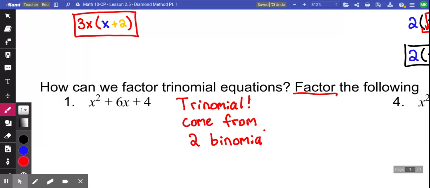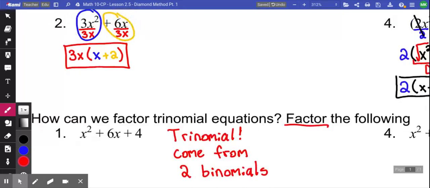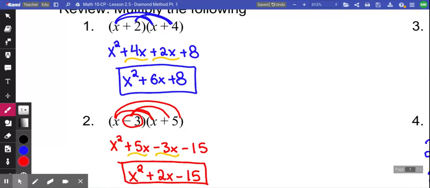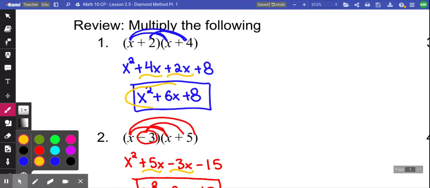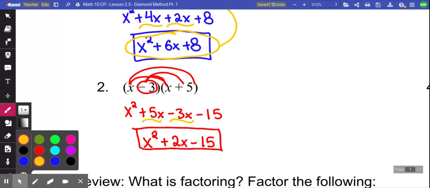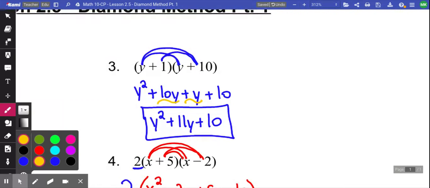And the reason I know that is look up at our first questions we did today. This trinomial came from 2 binomials.